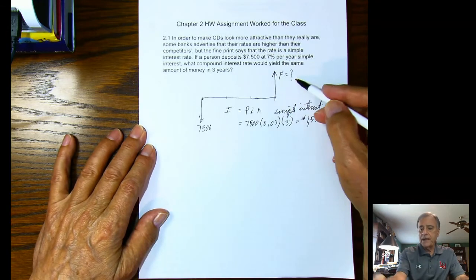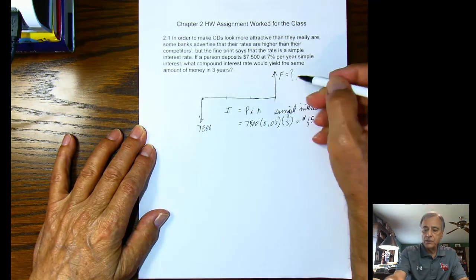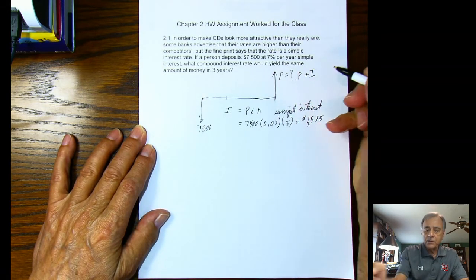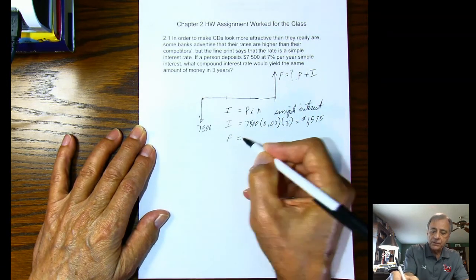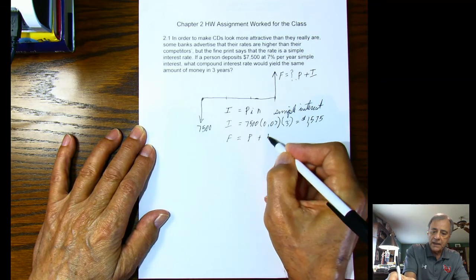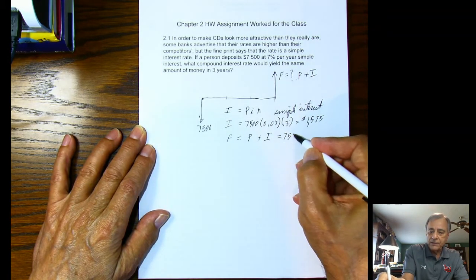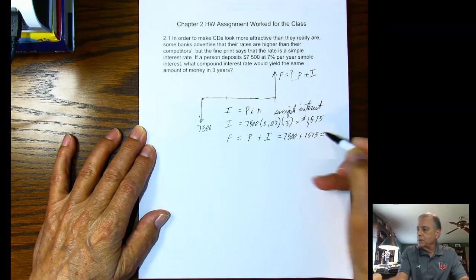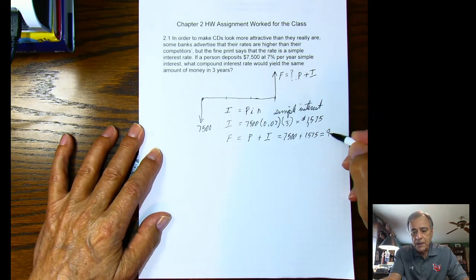So the future value will be the original principal that you started with, P, plus the interest that you earn. So for simple interest, F is equal to P plus I, which is $7,500 plus $1,575, which accumulates to $9,075.